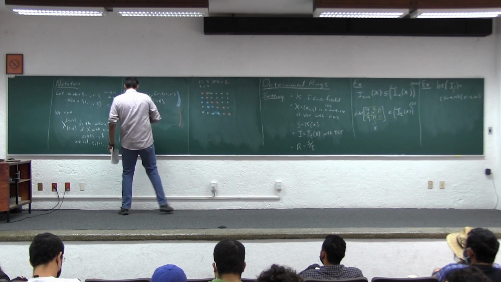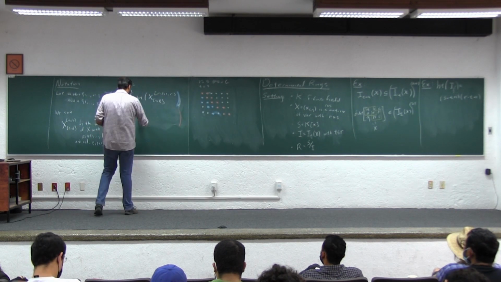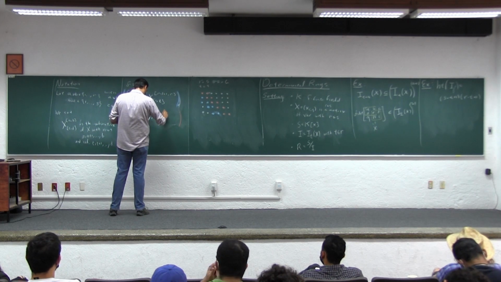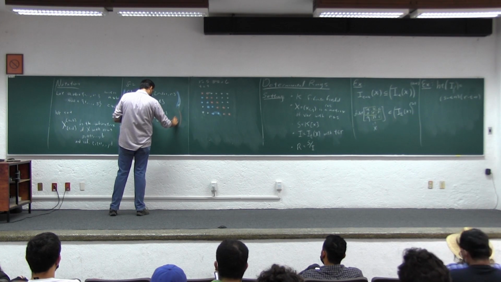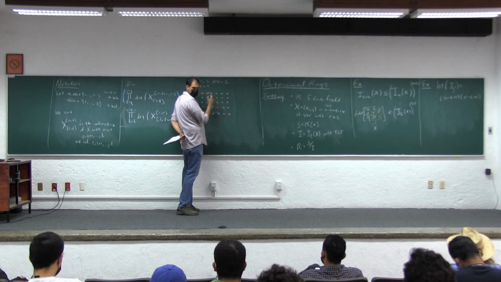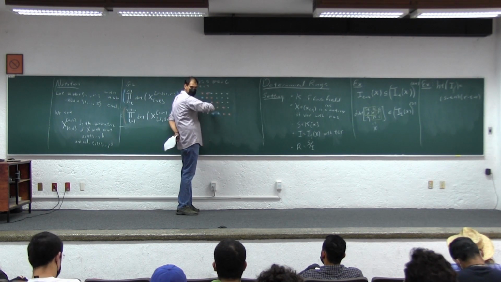Minus 1. For that of x, 1r, and then l plus r minus 1. Okay. So we're going to take the maximal minors that give solid boxes.